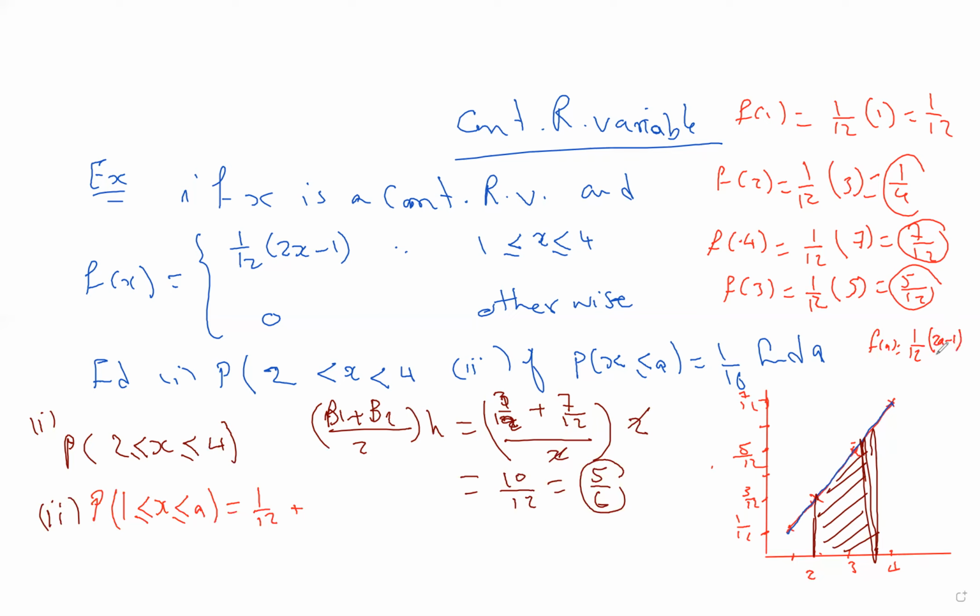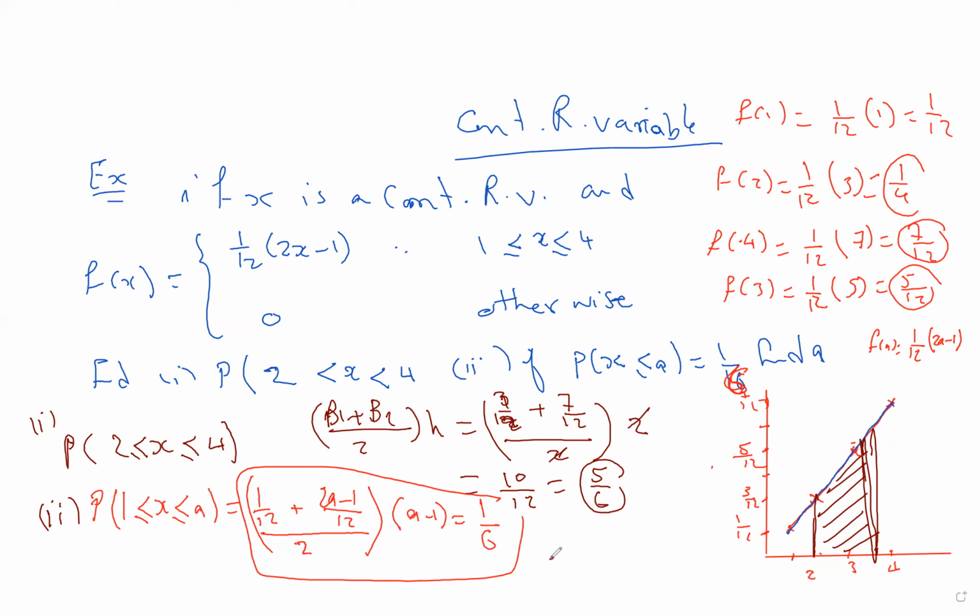So the area is 1 over 12 plus 2a minus 1 over 12, divided by 2, times the height, which is a minus 1. This equals 1 over 16, which is the given. So you can eliminate here to find this value. By solving this, you will find the value of a equals 2.